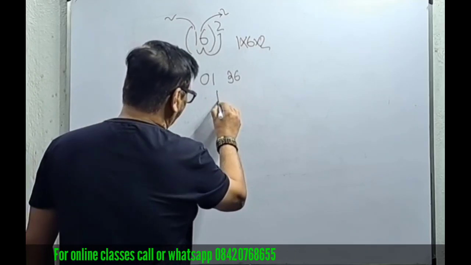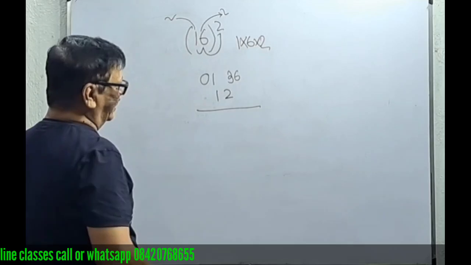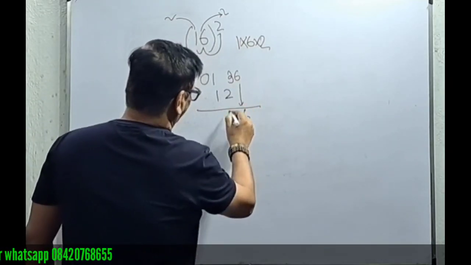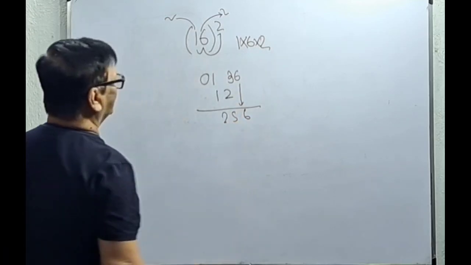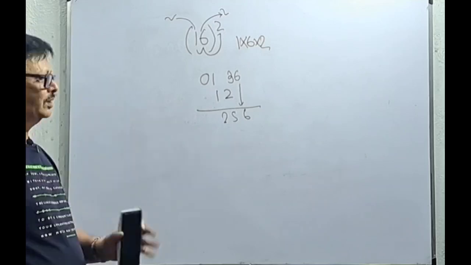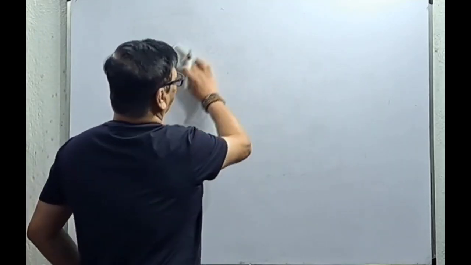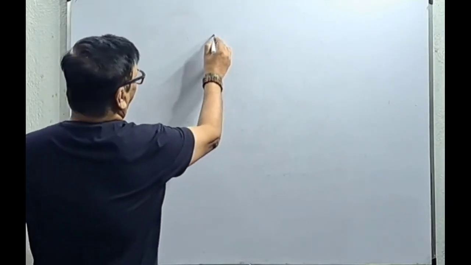Write down 12 like this. Now while adding, bring this 6 down. 6, add this 5, add this 2, 256. It is correct.